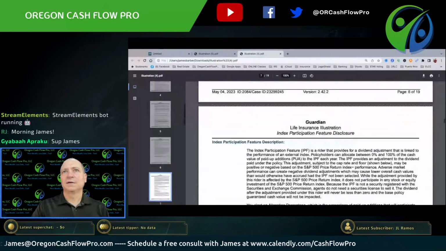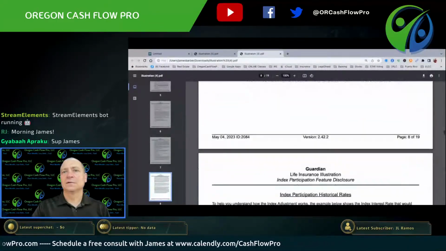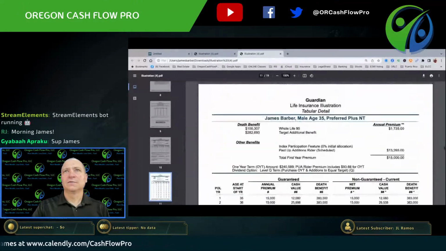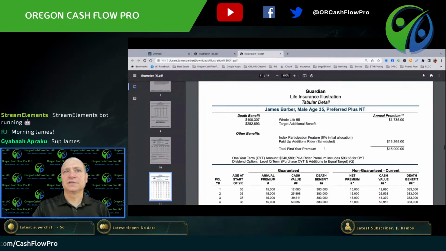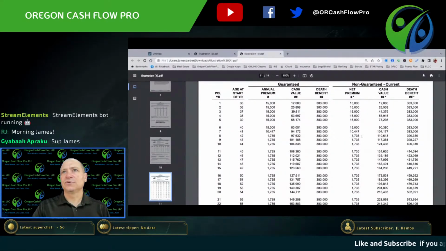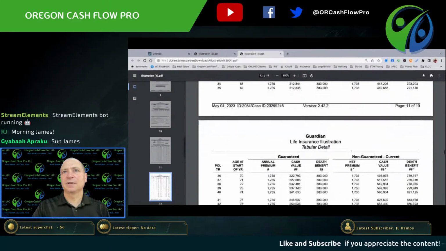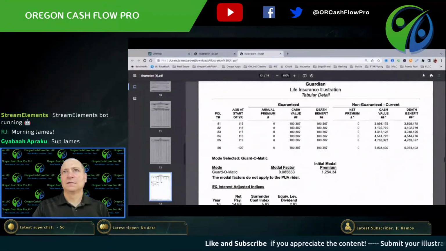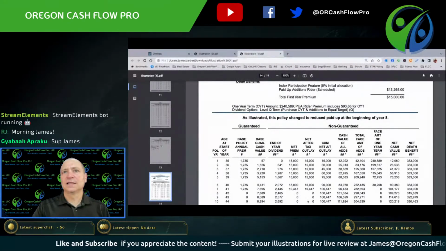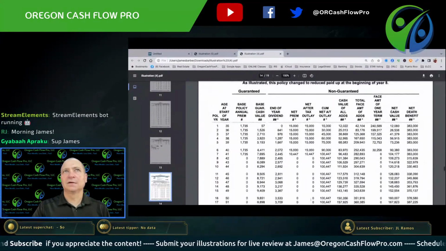Maybe it didn't include it. It should have. That's our tabular detail. This does not do the reduced paid up, though. It doesn't have the reduced paid up happening. This one is the plan that does have the reduced paid up happening.